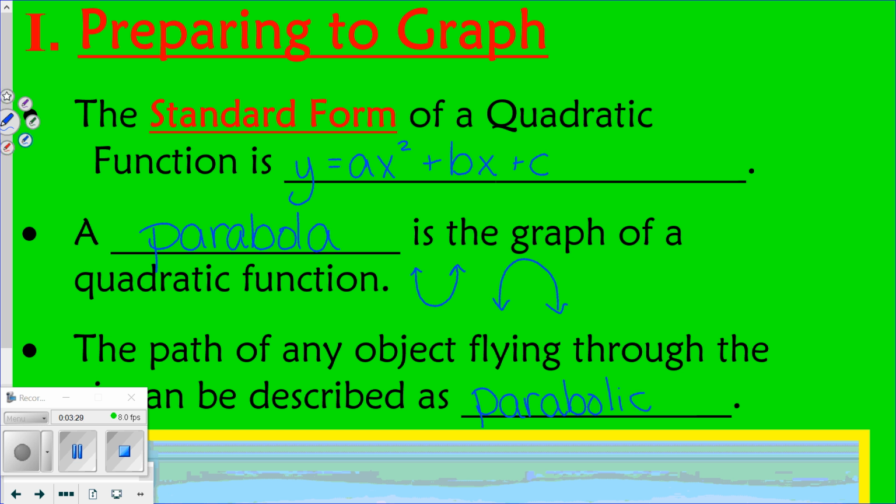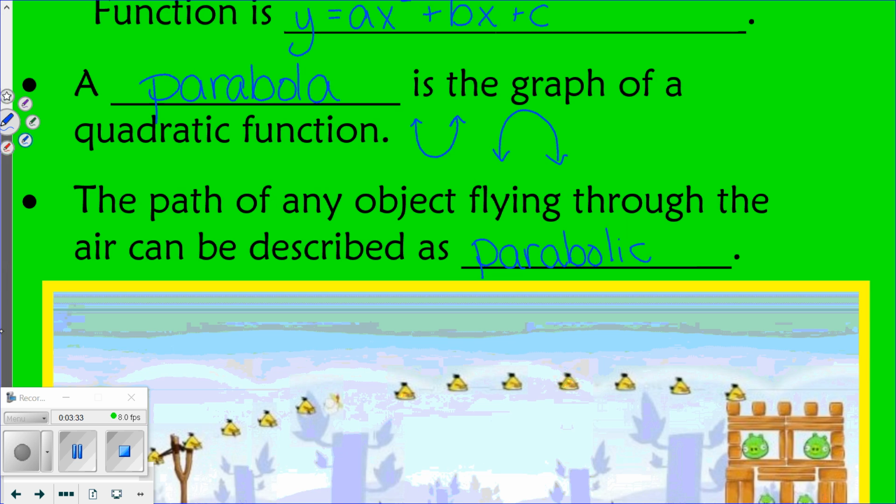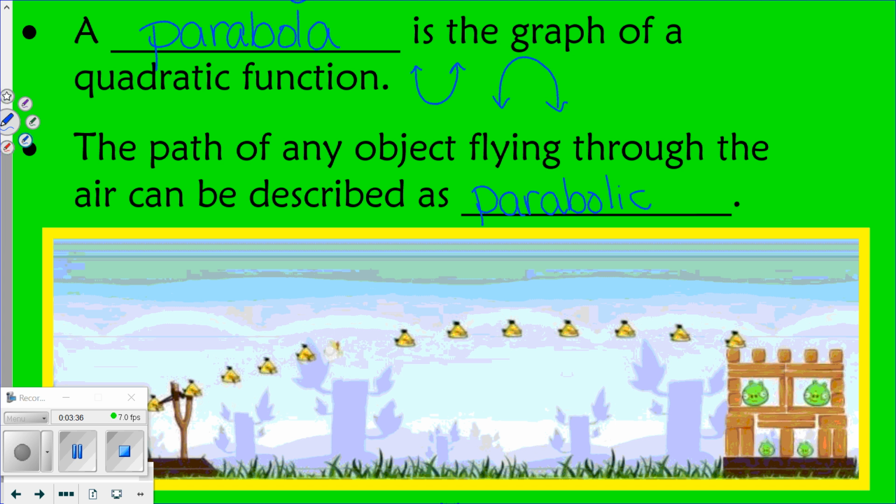I always laugh at this, like I put Angry Birds on here because that's what's happening in Angry Birds. You shoot your bird. It's a very stretched out parabola, but it's still going to make that same path when it comes down. It's going to hit the ground, but it still has that same shape.